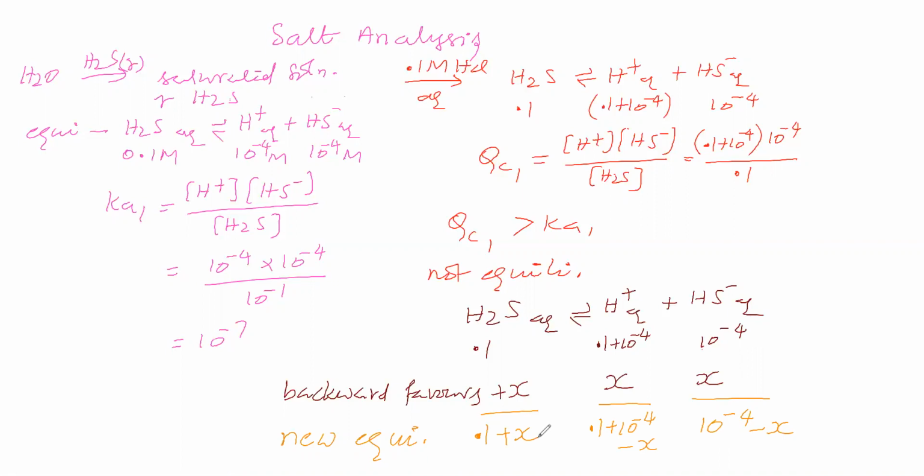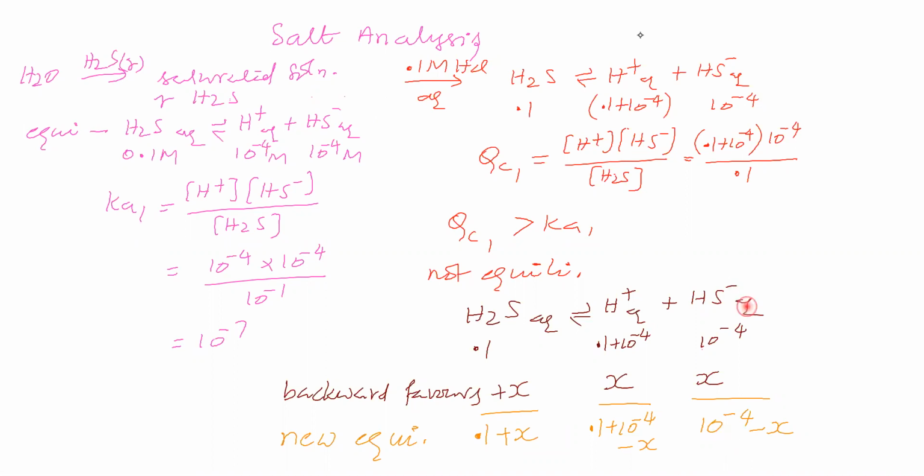Now in the new equilibrium, see the concentration of HS minus, how it is there. Now you say, due to addition of HCl, what happens to the concentration of HS minus?